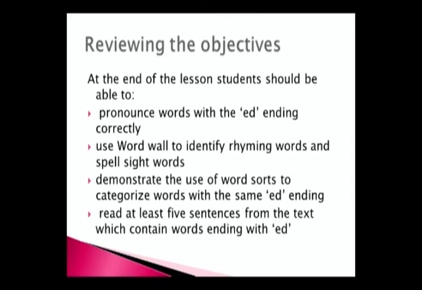Yes, we did. Did we demonstrate the use of word sorts to categorize words with the same ending sound? Oh yes, we did that. Did we read at least 5 sentences from the text which contain words ending with ed? We just did. Wonderful. You have been great students today.